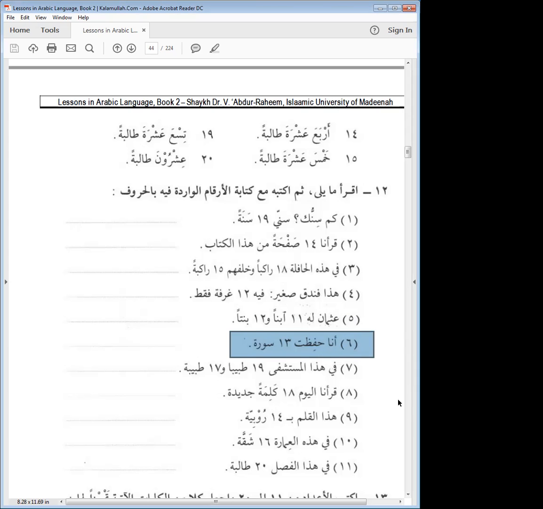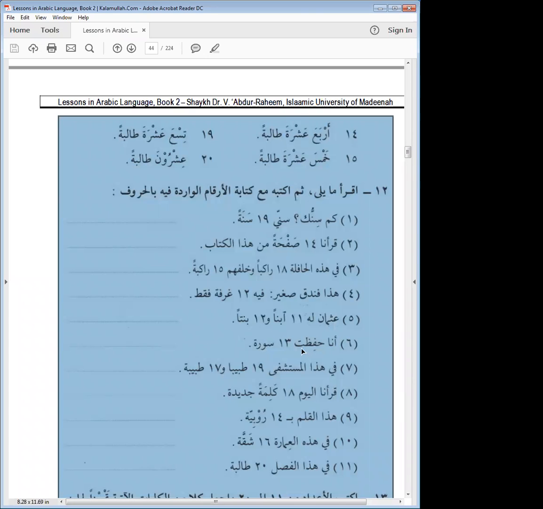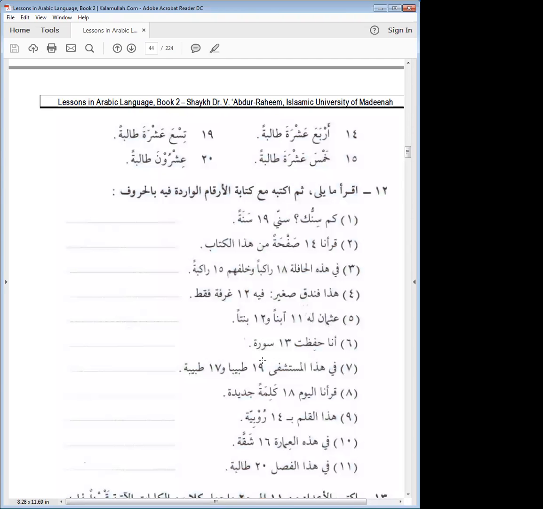So we say hafiztu, right? So whenever we have the pronoun added at the end of the verb like this, in most cases the last letter of the original three letters will take the sukun. So you say hafiztu, hafizta, hafizti, hafizna, and so on. So we say ana hafiztu ثلاثة عشرة سورة. نعم. أحسنت.